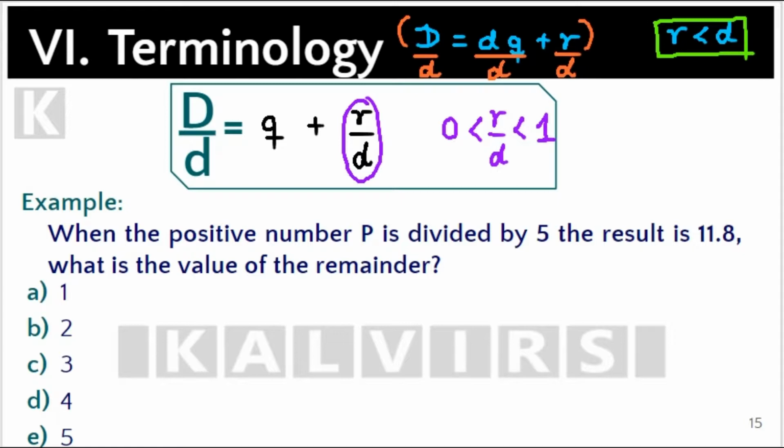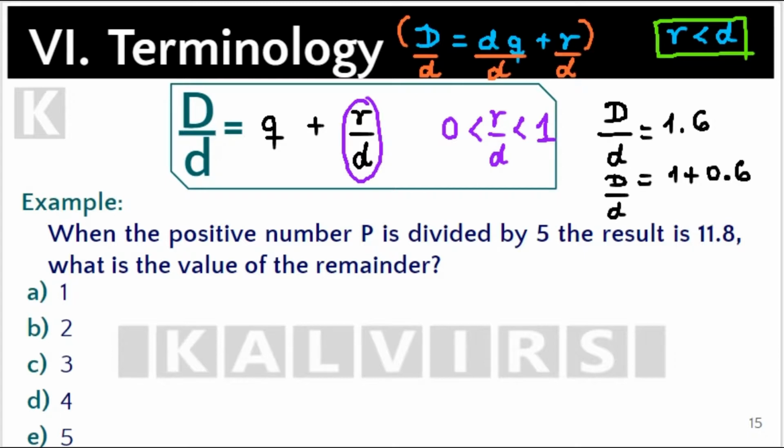For instance, if the dividend over the divisor is 1.6, just to pick a number, we can rearrange this number like 1 plus 0.6.